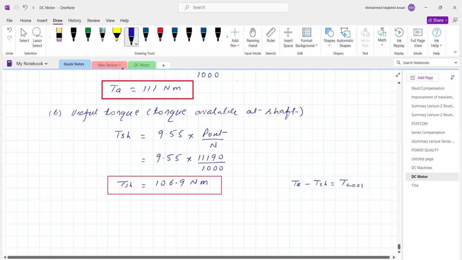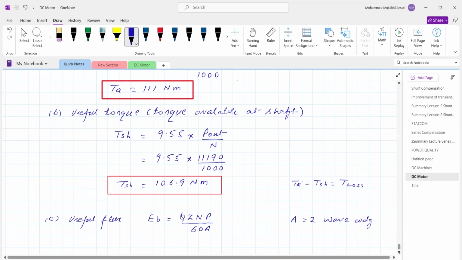Okay. Now, point C, we want to know the useful flux. We know that back EMF EB is equal to phi Z N P upon 60A, where A is equal to 2 for wave winding.